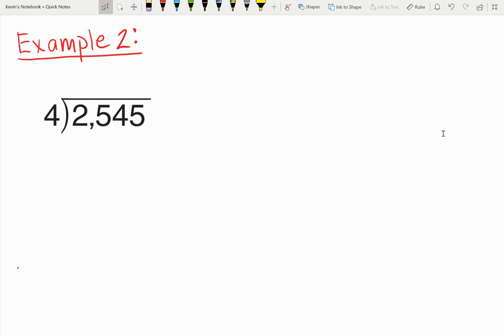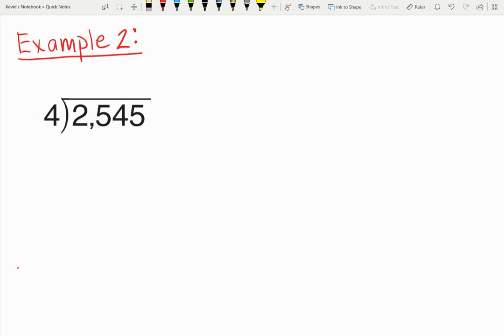So I have a dividend of 2,545 and my divisor being 4. So again, partial quotients, remember, we're always going to multiply our partial quotient by our divisor. So I'm going to go to the right of the problem. I'm going to use some space out to the side.